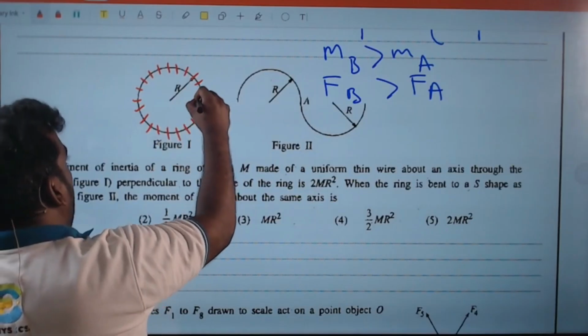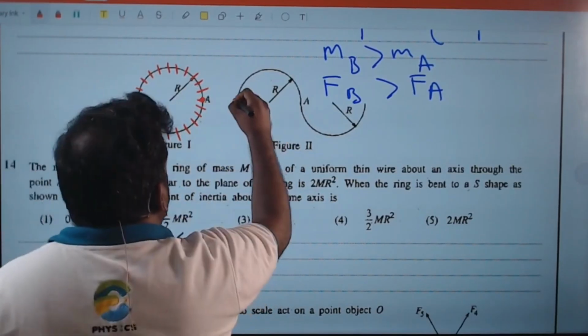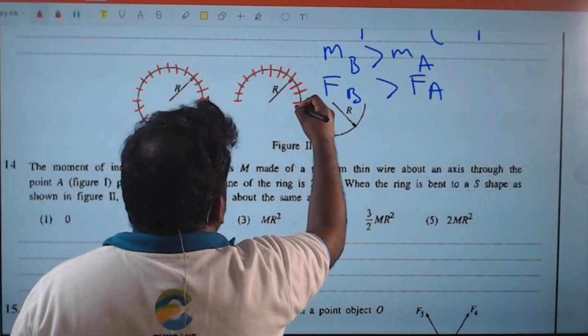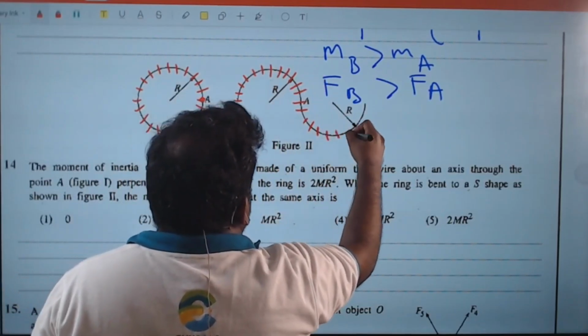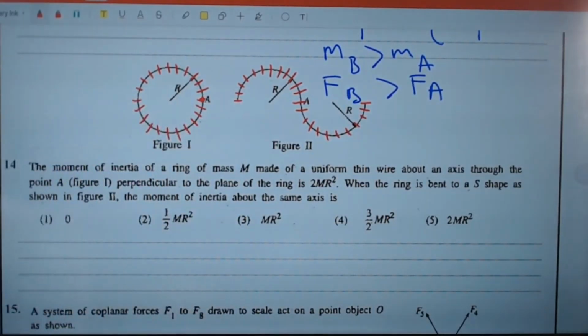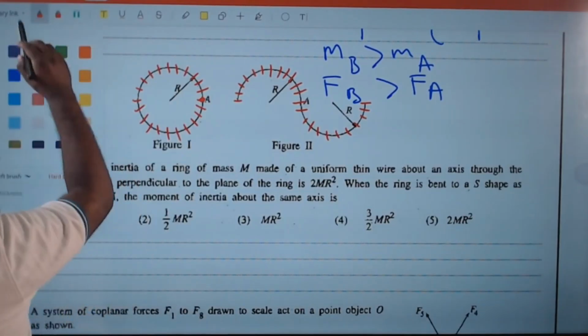In figure 1, the moment of inertia is 2mr squared. Please look at the board carefully.